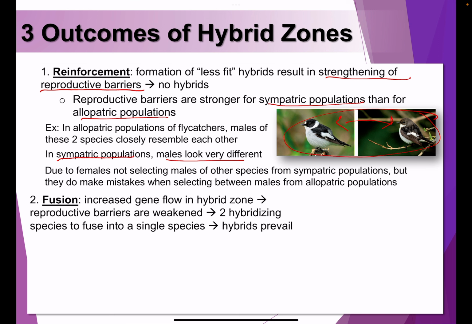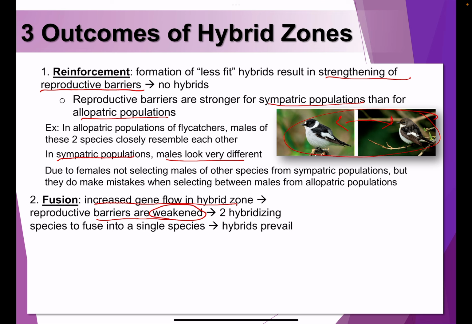The second possible outcome of a hybrid zone is fusion. Fusion means that there is increased gene flow in the hybrid zone, more gene flow between the hybrids and the two species that are forming these hybrids. So reproductive barriers are actually weakened in this case.